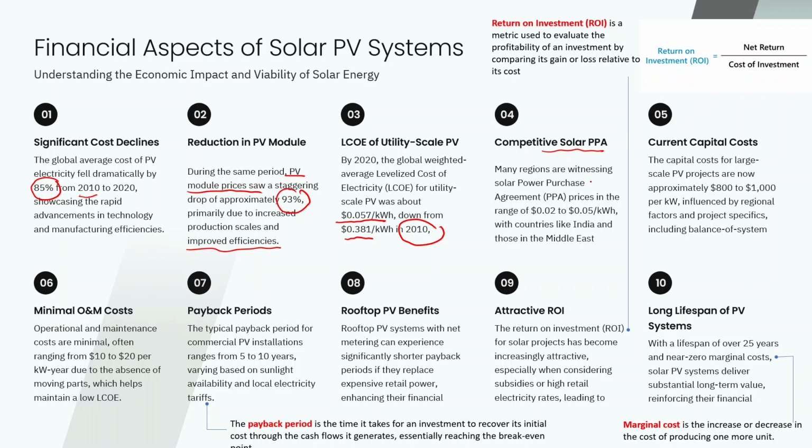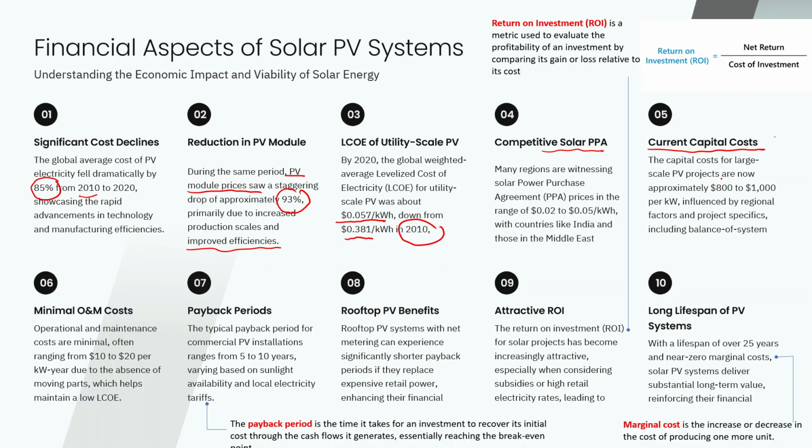So that's a different story. Okay, and you can also see the capital cost, one of the factors that basically decide how feasible the solar PV projects are, because it's comparatively high compared to the other systems.